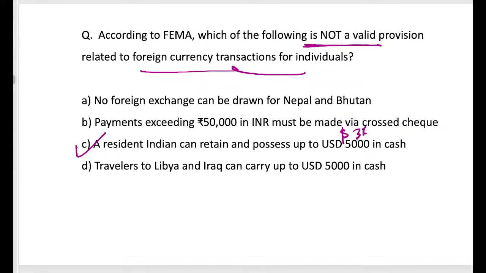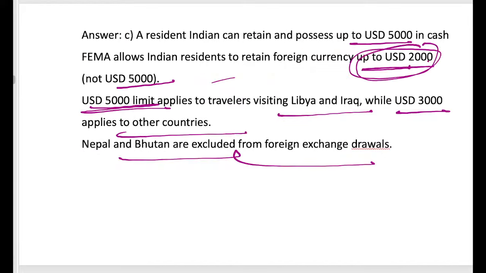It is also allowed, ठीक है. So C will be the right answer for this one.